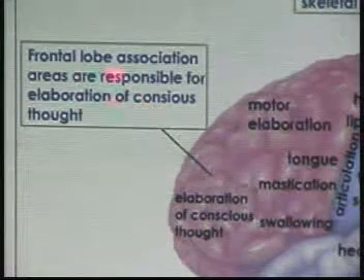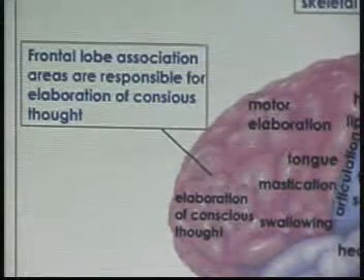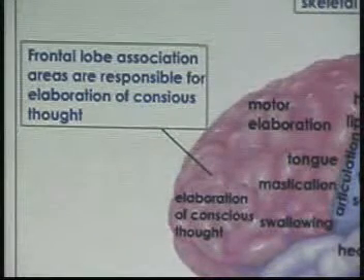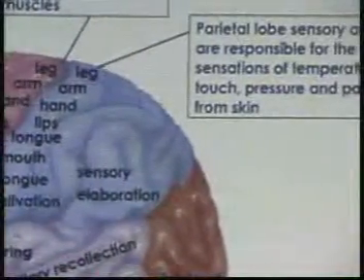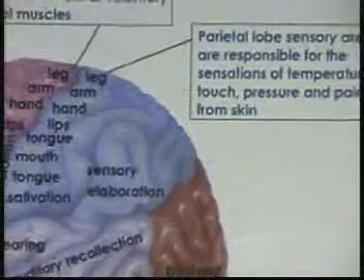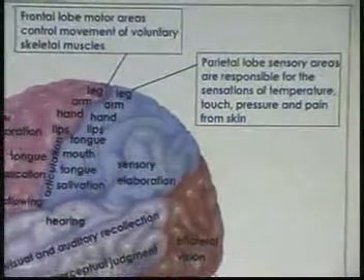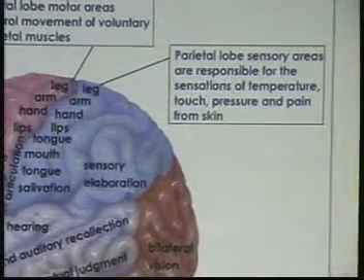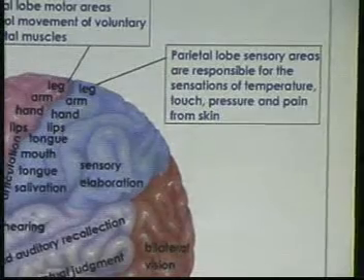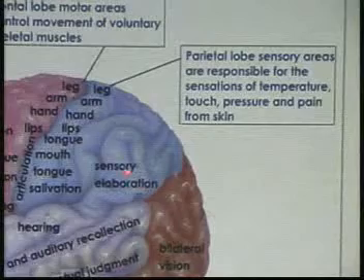From the motor areas, now let us move on to the sensory areas, which are present in the parietal lobe, in the temporal lobe, and also in the occipital lobe. The principal sensory area, the general sensory area or the primary area of sensation, is located in the parietal lobe.